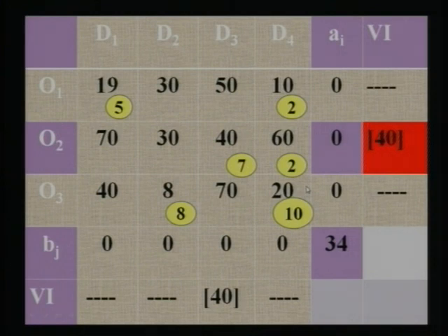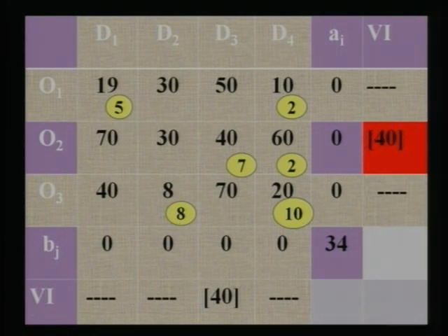And that means the remaining empty cells, where no allocation is made, are called unoccupied cells, or cells having non-basic variables. So our first solution is x11 is 5, second is x14 is 2, then this is x23, 7, x24, 2, then this is x32, 8, and this is x34, 10.